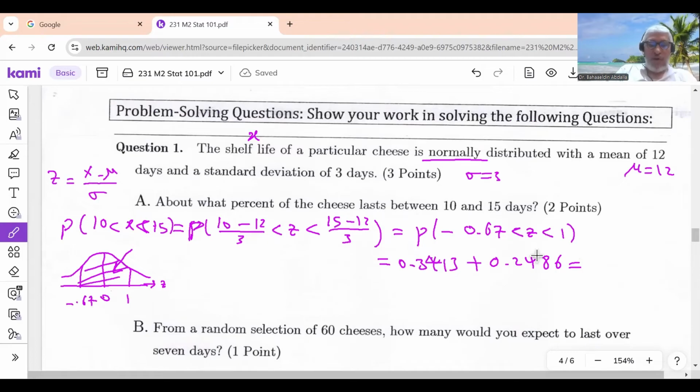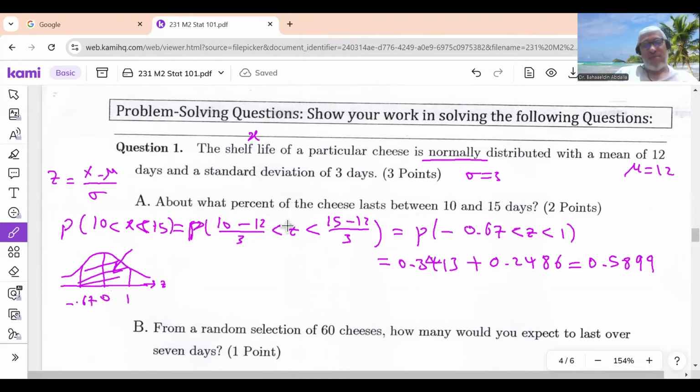So 0.3413 plus 0.2486. The answer is 0.5899. So this is the probability. Well, the question is, at what percent?